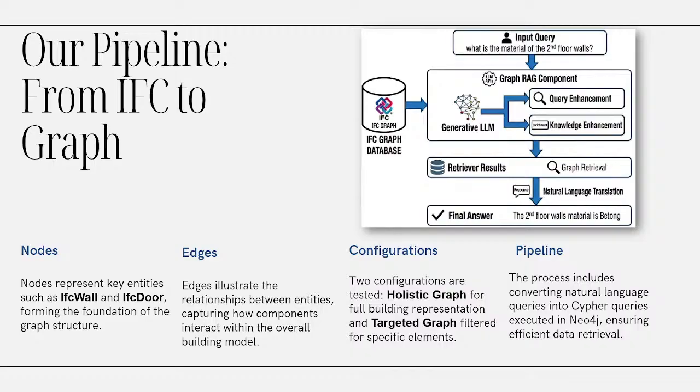And then the knowledge enhancement is basically pulling from the pre-trained knowledge of the LLM itself. So both enhancements turn the input query into a Cypher query that retrieves the information from the graph, and then the answer comes also in Cypher language, and we change that by the LLM agent into a natural answer like this one.